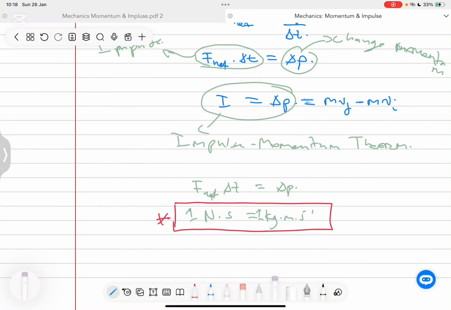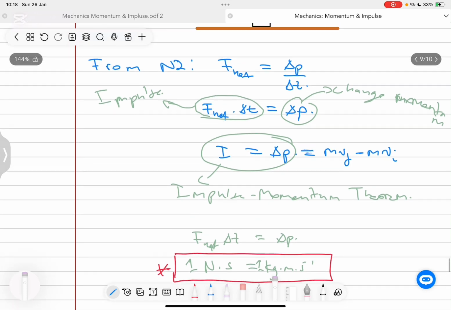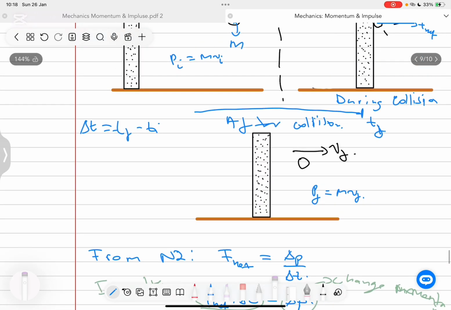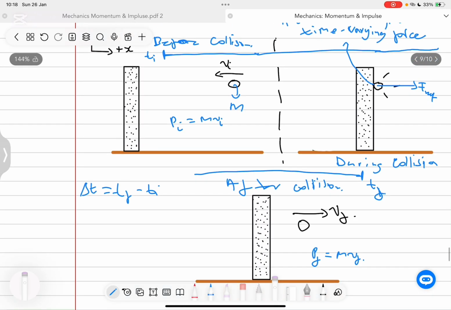In conclusion, the impulse momentum theorem assists us to measure how the net force changes the momentum of a moving object, because really this net force changed the velocity, which will give us the momentum of this object from initial to final.